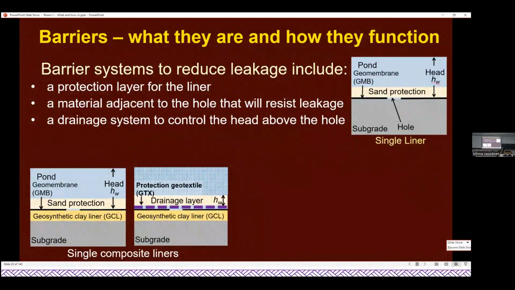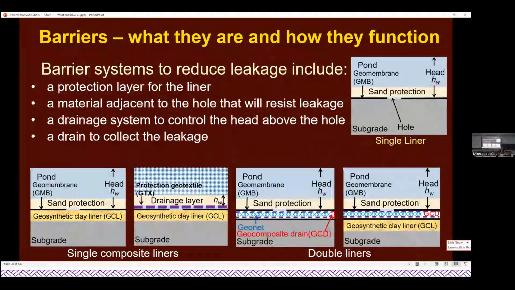So we have here in the bottom right-hand side the single composite liners that we typically see. In one case, we have a drainage layer. And we may go to a double liner system where the primary liner is going to have the major leakage. And by putting a drainage layer below it, we can collect the majority of that leakage.